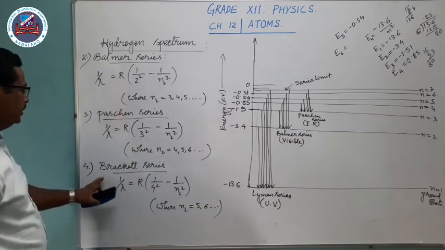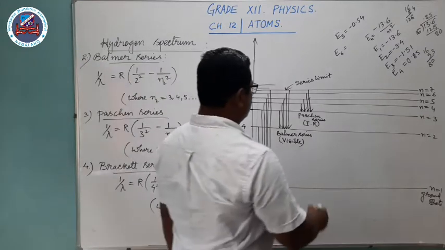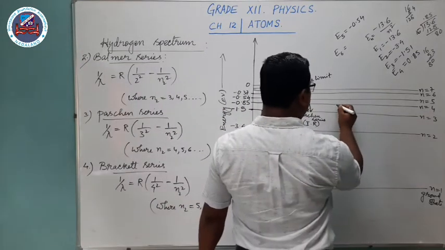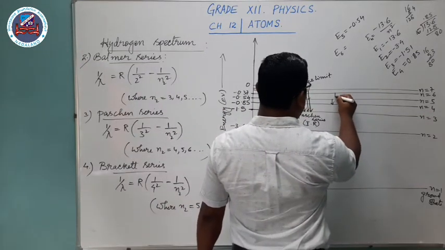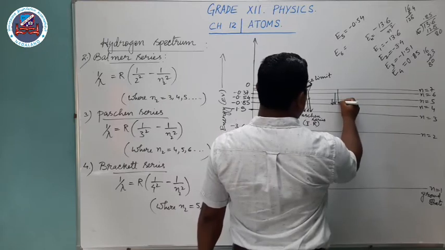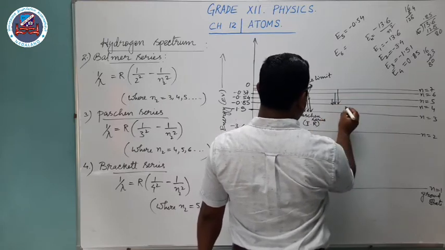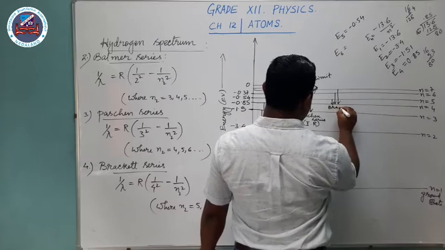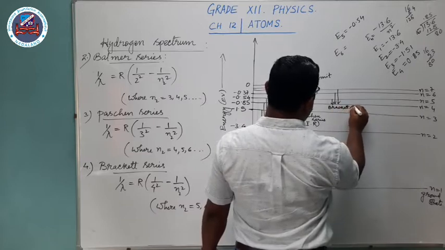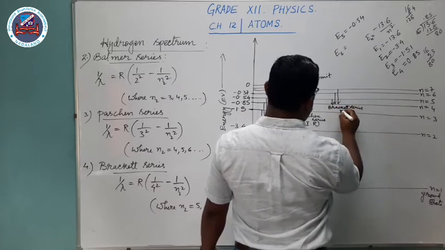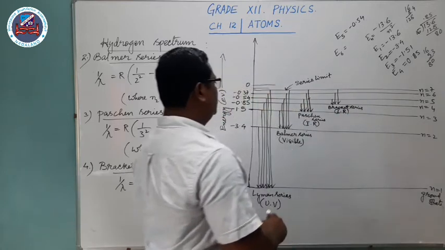That series we call the Brackett series. It should jump to n equal to 4, coming like this. This is also visible in the infrared region of the spectrum.